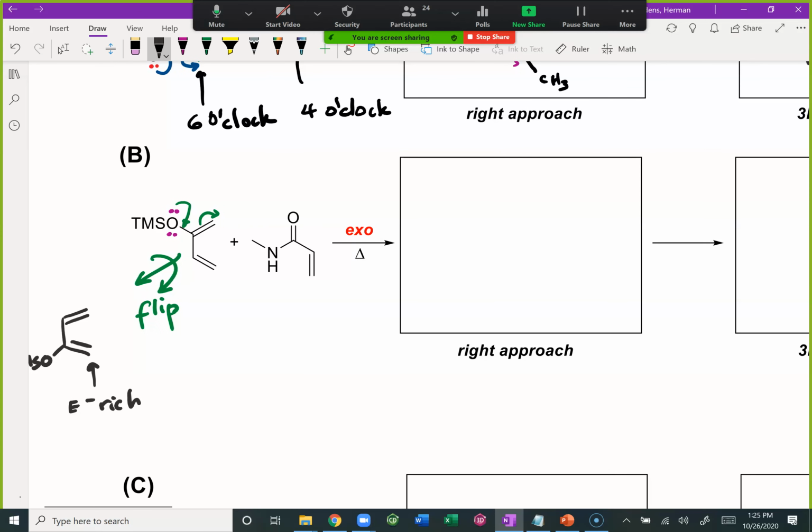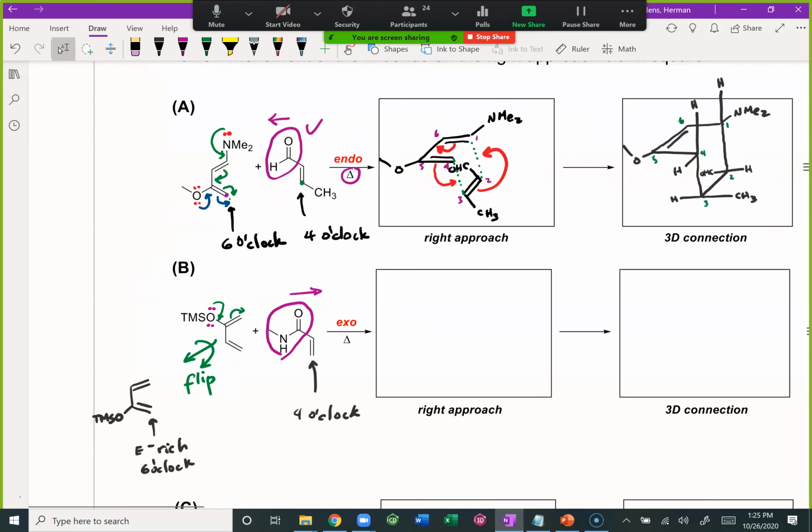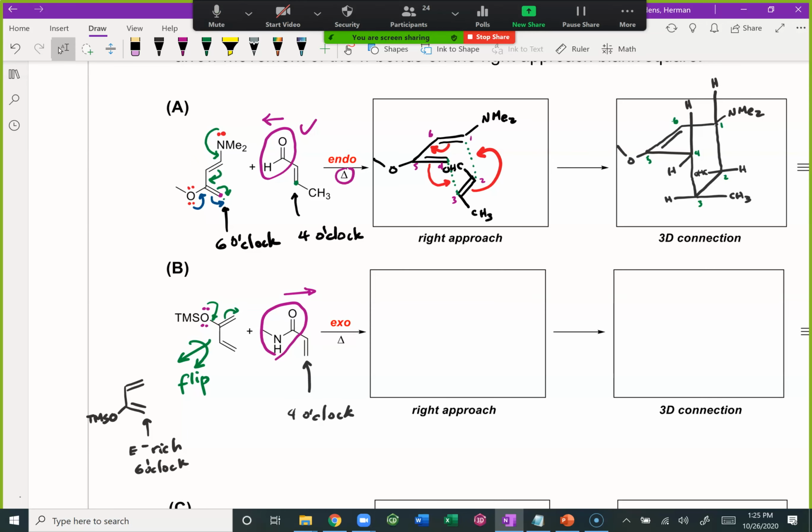Now this carbon right here is fine. This is my 6 o'clock. And here will be my 4 o'clock carbon. Now, since it's exo, this group needs to be switched to the right. All right, we're going to flip that.